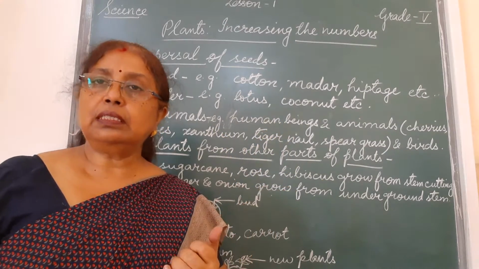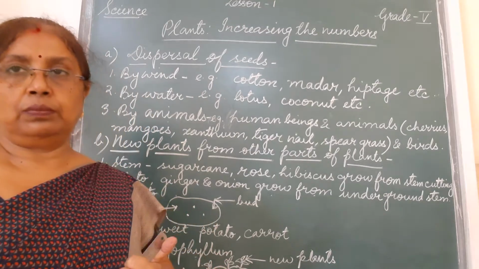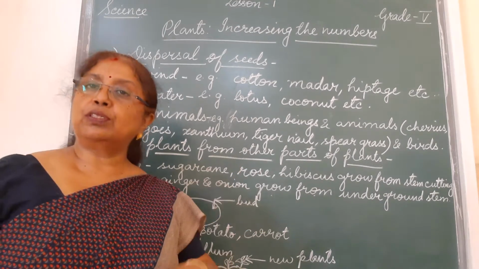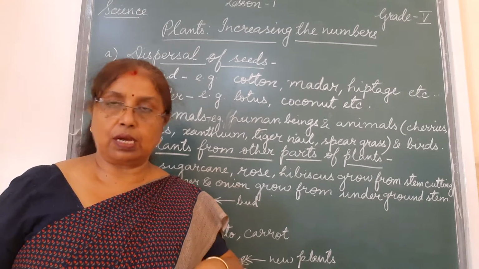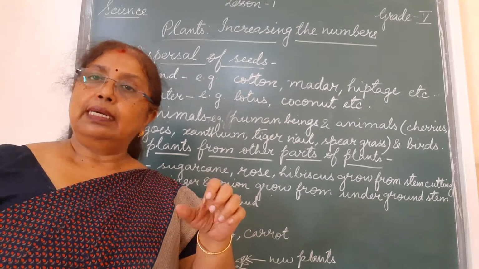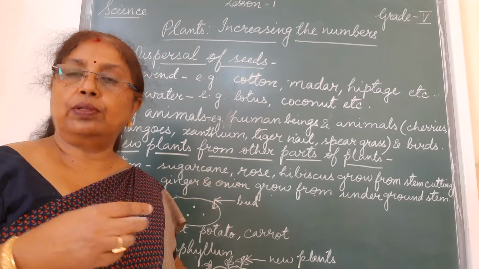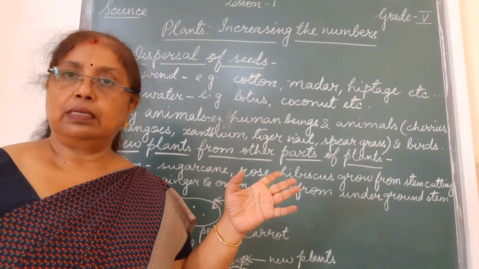So when this coconut fruit falls down into the water, it starts floating because of the fibrous covering outside. It does not drown, and later on at some place it gets stuck up on the bank into the soil and grow into a new plant.